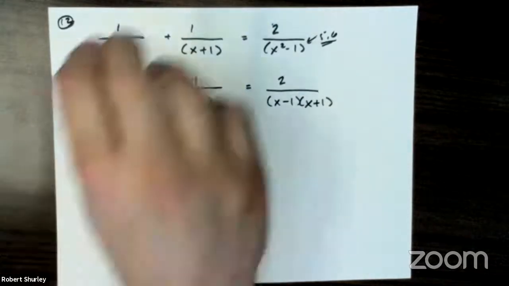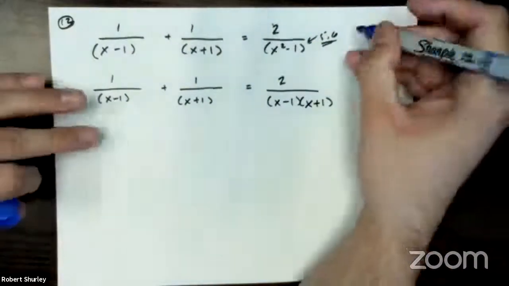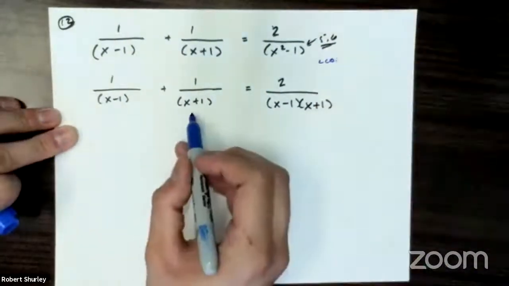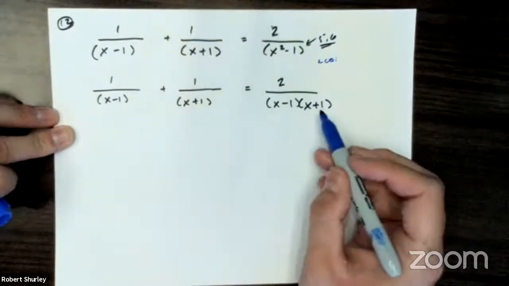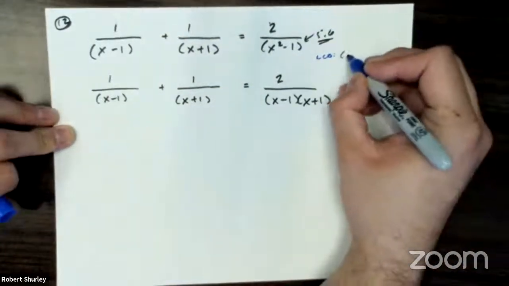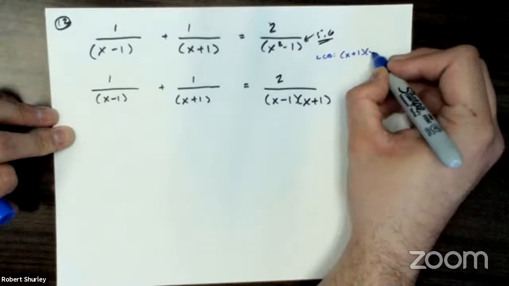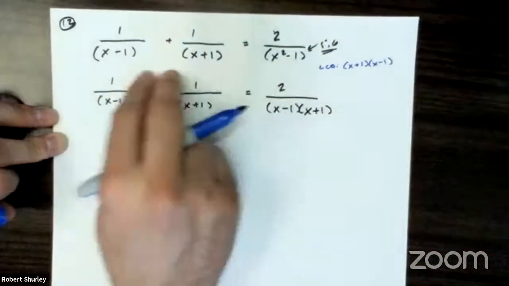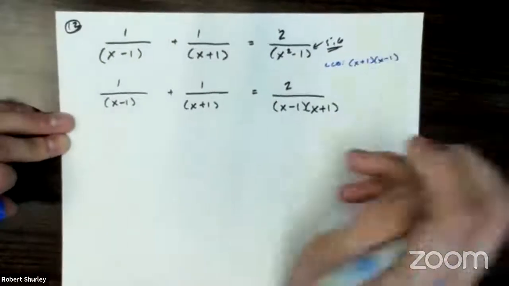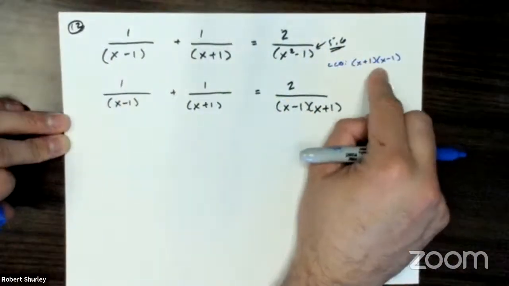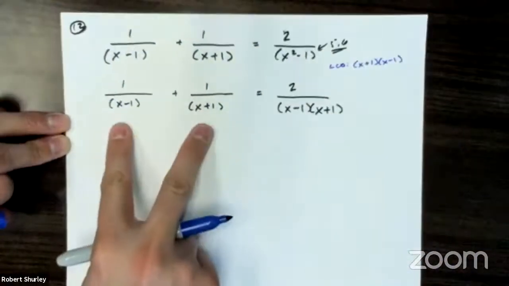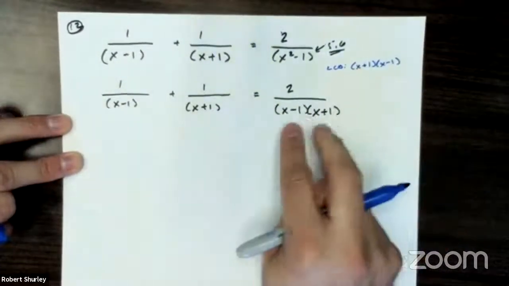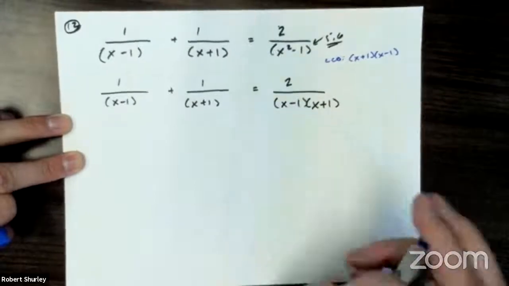So the question is, well, what's the LCD, right? We got to multiply the LCD to everything. Well, the LCD for this one, look, we got x minus 1, x plus 1 as factors, and then they're multiplied together here. So all we have to do for the least common denominator is just multiply those two together. If we multiplied each numerator by this x plus 1 and x minus 1, at least something in here would cancel these two denominators, right? X minus 1, that one, x plus 1, that one, and then the whole thing here, okay?